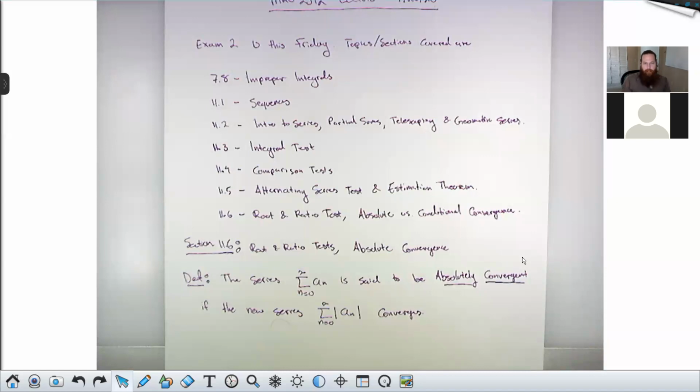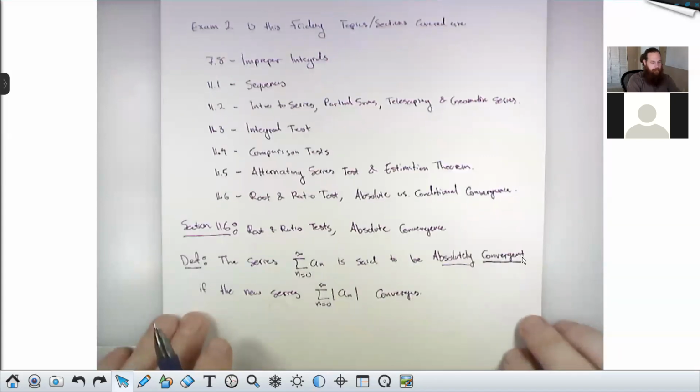If when you swap the original terms of the series for their absolute values and then add up that new series, you get one which is convergent, we say the original series was absolutely convergent or converged absolutely.